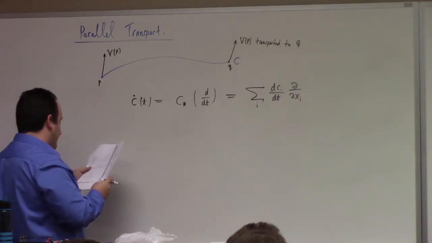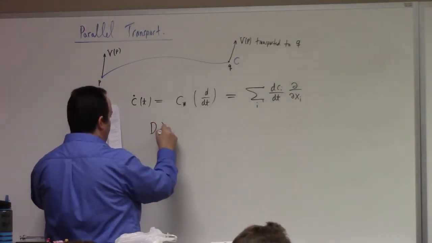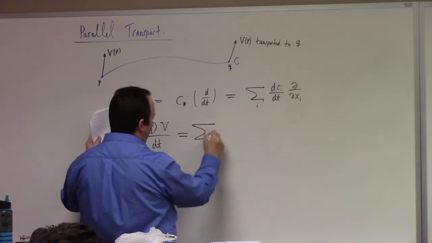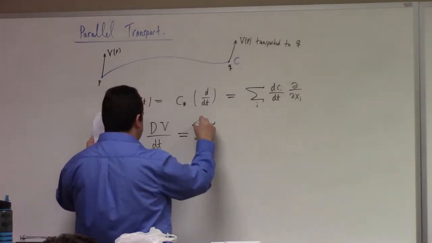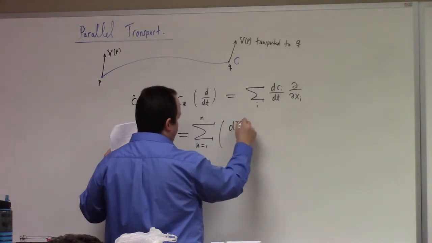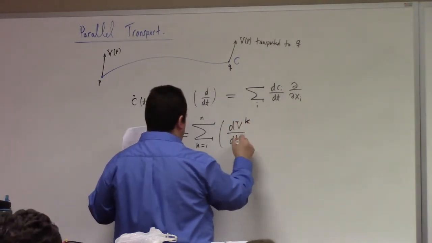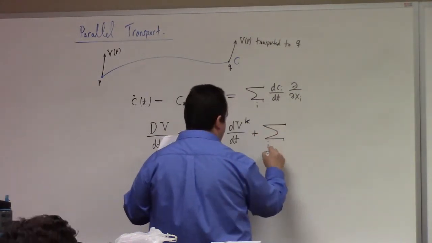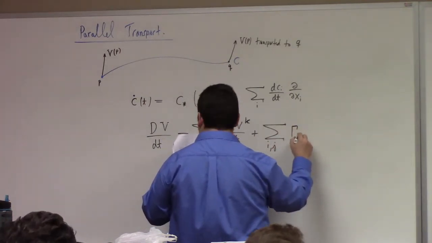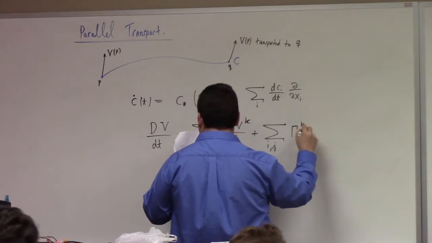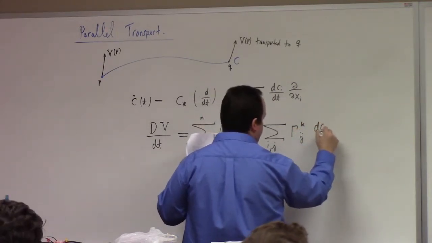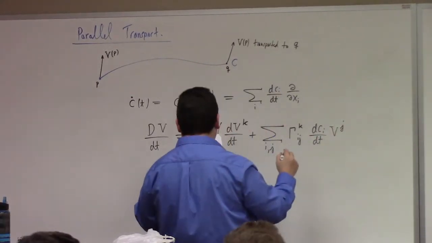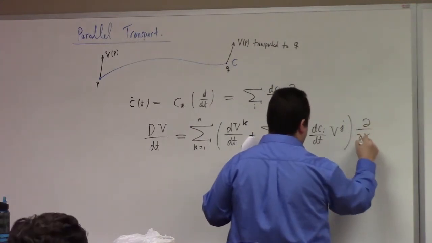And we define big D v/dt as what? It's the sum k equals 1 to n of dv^k/dt, v upper k, plus the sum over i and j of gamma lower ij, upper k, of dc^i/dt v^j, all across partial x_k.